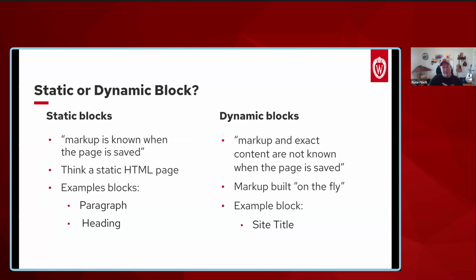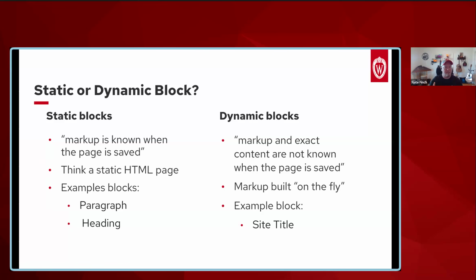So the first question that you're going to need to ask yourself, if you're building blocks, is, do I need this block to be static or dynamic? And there's a few differences here that aren't very apparent at first. But for static blocks, you have markup that is known when the page is saved. So basically, what that means is that whatever you see in the editor, that's already being rendered as HTML.